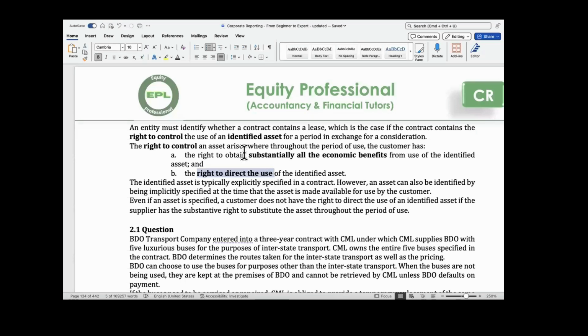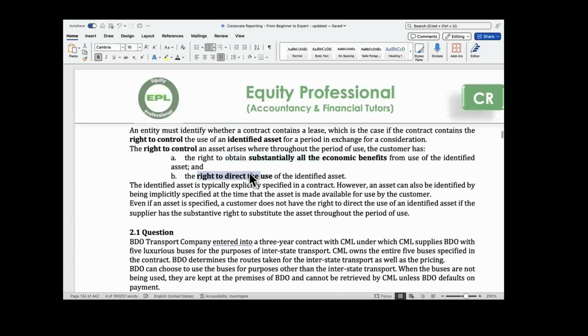Right to obtain substantially all economic benefit and right to direct the use of the asset. These two must coexist, not one of them. The two of them must coexist for us to say there is right of control.